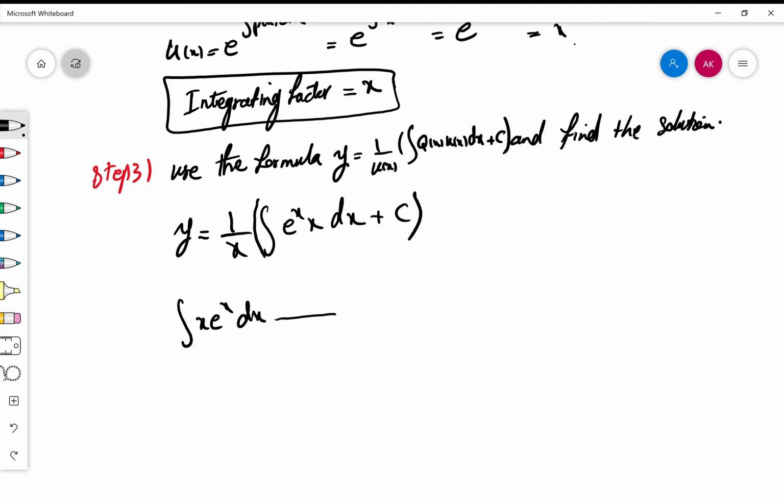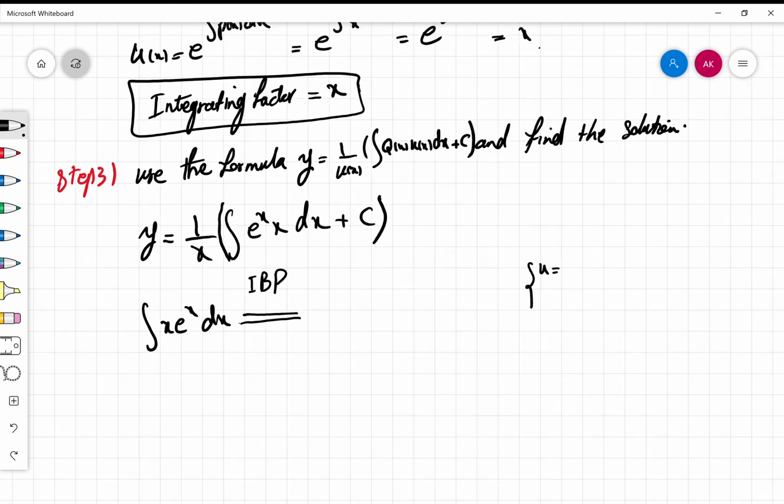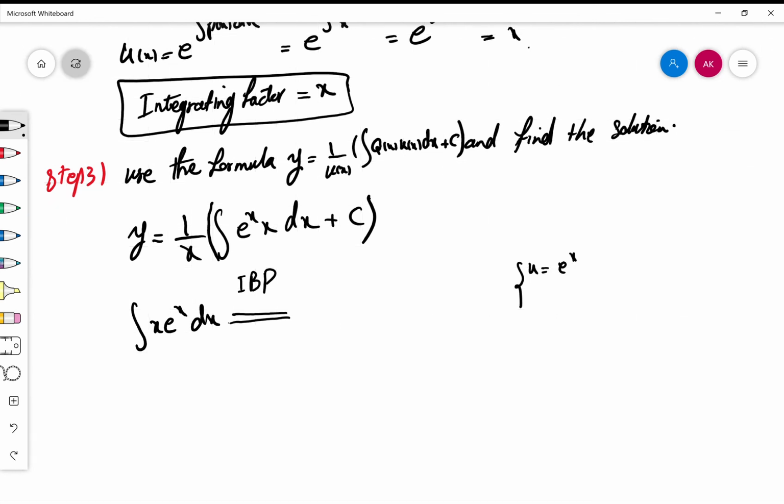And remember that for x e to the power x, we can do integration by parts. Set u to be x, and dv is e to the power x dx. Then from there, du is just dx, 1 dx basically.